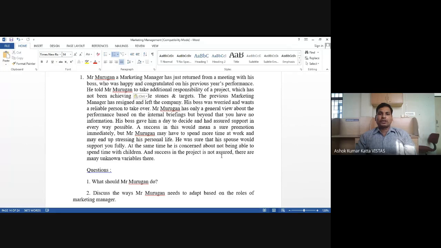But Mr. Murugan may have to spend more time at work and may end up stressing his personal life. He was sure his spouse would support him fully. At the same time, he is concerned about not being able to spend time with the children, and success in the project is not assured. There are many unknown variables in the case.